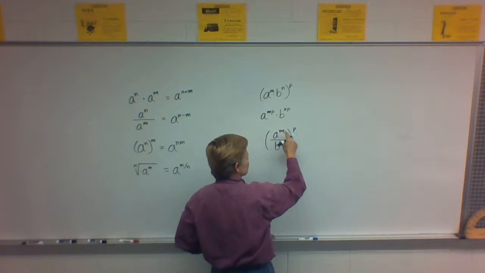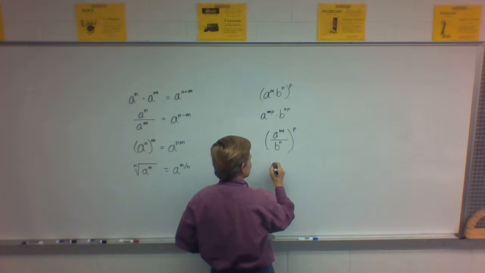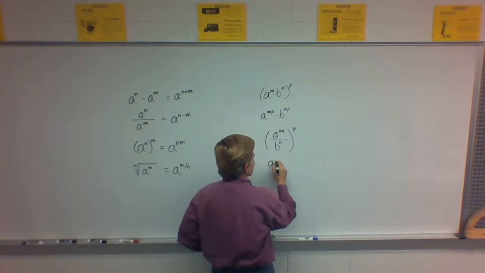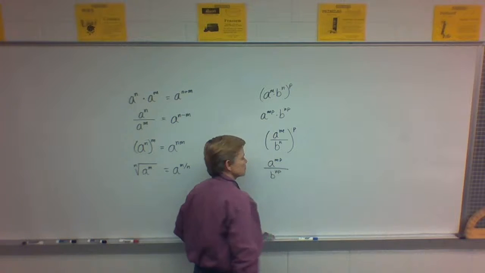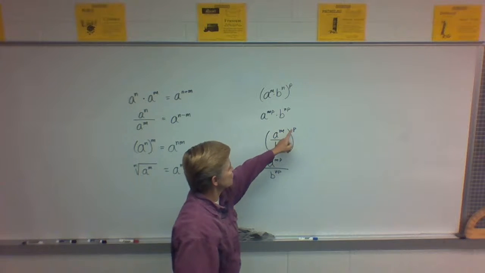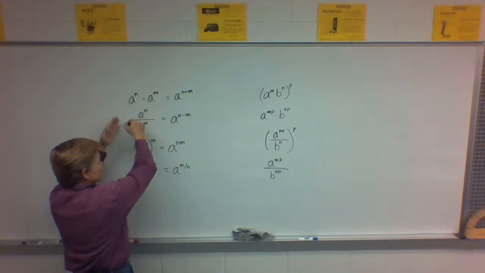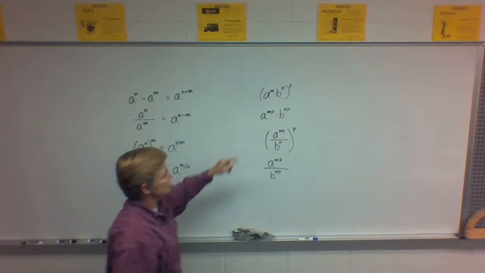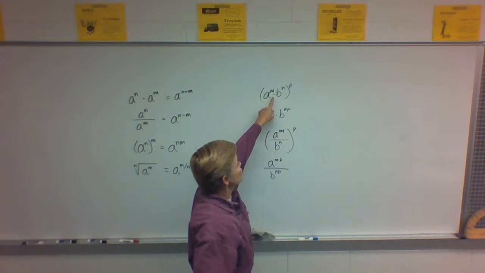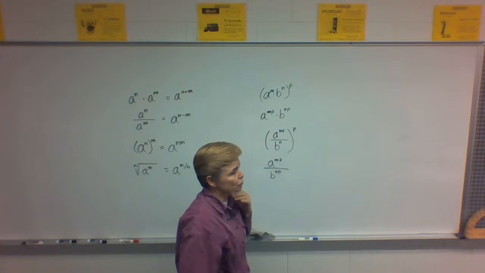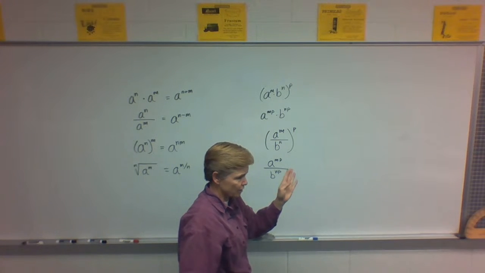Multiplication and division allows you to apply that to both of them separately, which ends up being a to the mp divided by b to the np. So it just applies to each separately. As long as this is multiplication and division, you start throwing plus signs and minus signs in there, you've got all kinds of trouble, and that's not allowed, so try to get that out of your head.